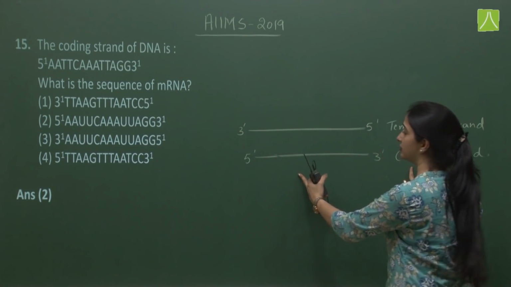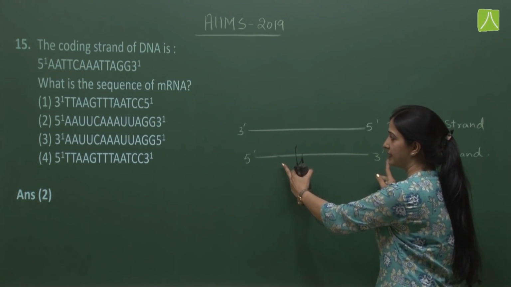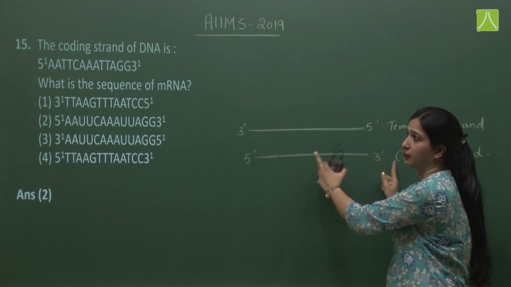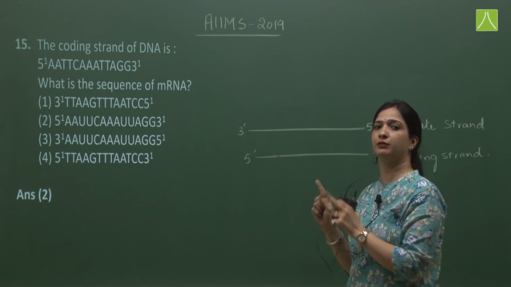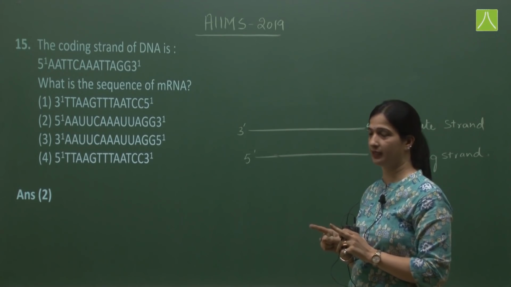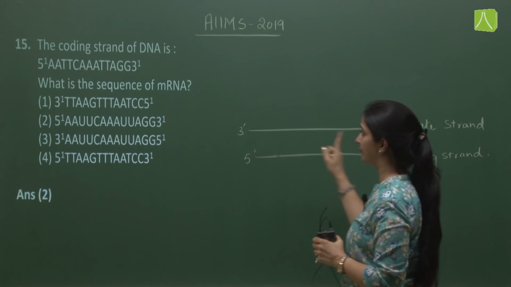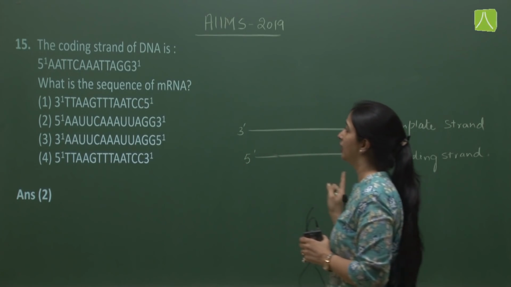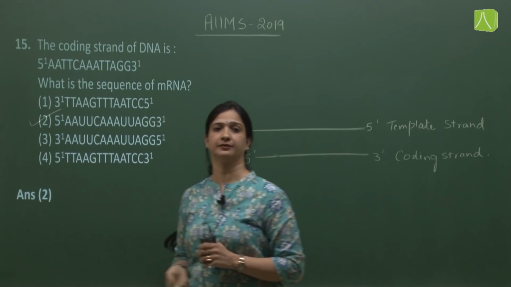If we talk about the messenger RNA, the sequence will be the same as that of the coding strand, but instead of T, that is thymine, uracil will be present because it is a messenger RNA. The direction will remain the same, that is 5'-3'. So if we go through the options, the correct option is second.